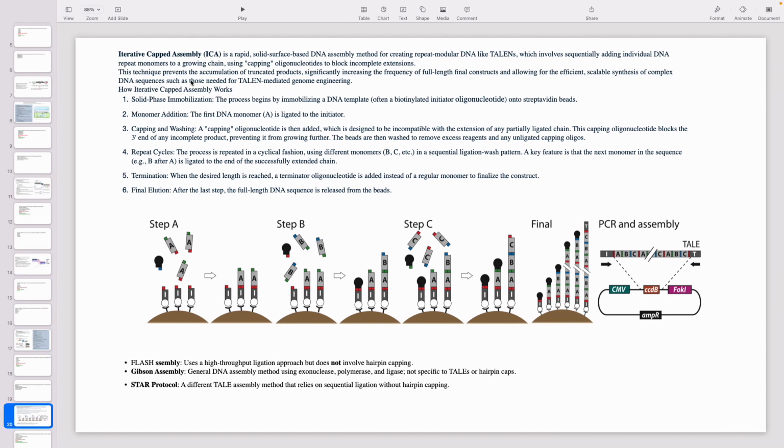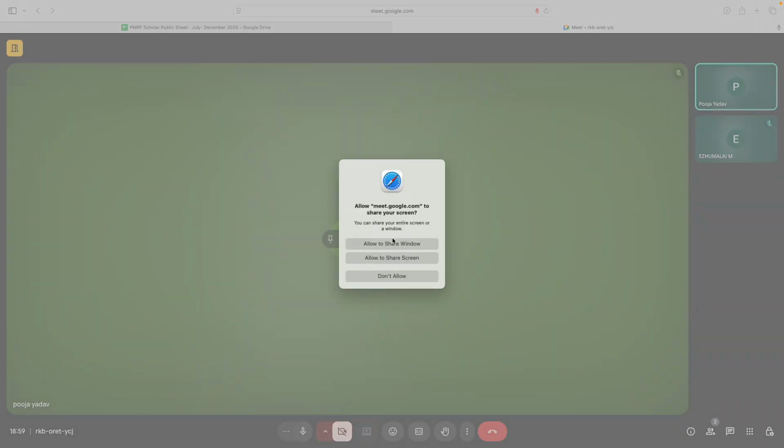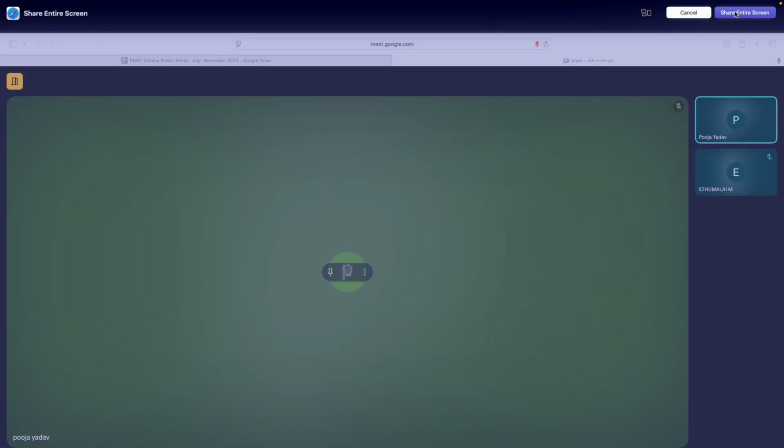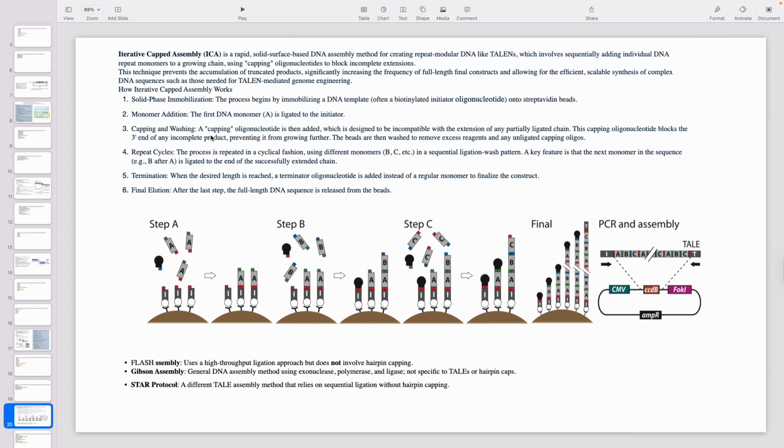This technique prevents the accumulation of truncated products, significantly increasing the frequency of full-length final constructs and allowing for the efficient, scalable synthesis of complex constructs.